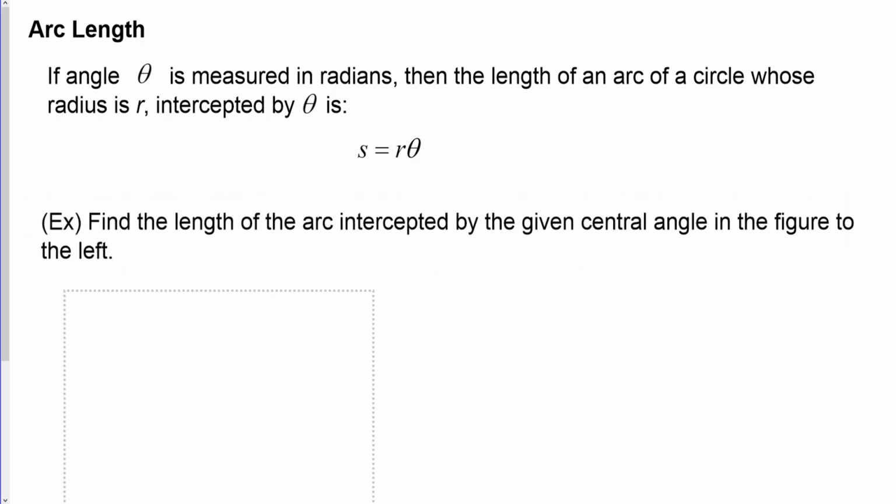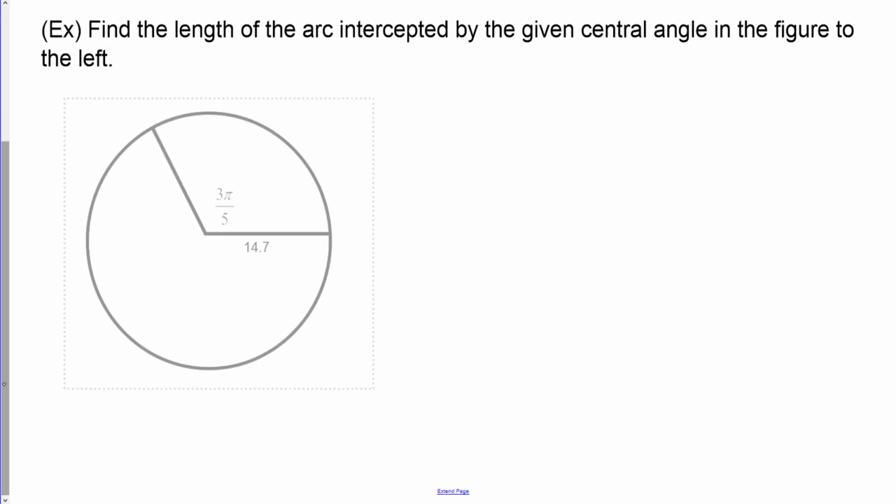So for example, find the length of the arc intercepted by the given central angle in the figure to the left. The angle measure theta that's provided is 3 pi over 5. And the radius that's provided is 14.7.